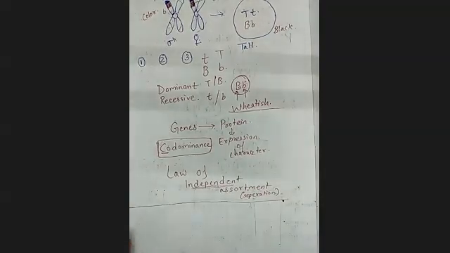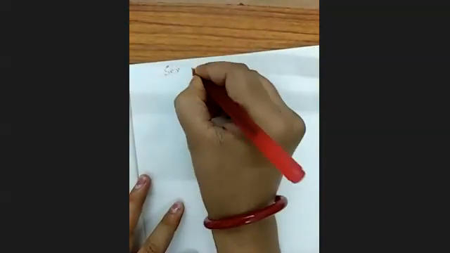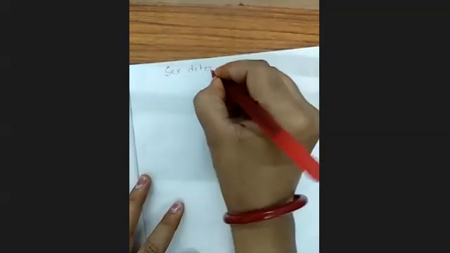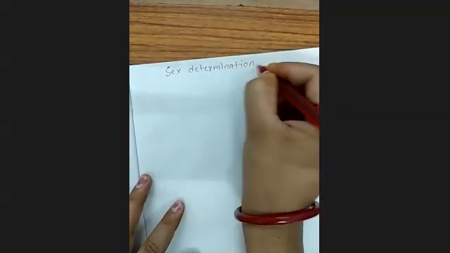Now your favorite, because on that day everybody was asking me, ma'am, why is it male, why is it female. Let's see, we will go for sex determination. As I told you in the beginning of this chapter, it was quite difficult.